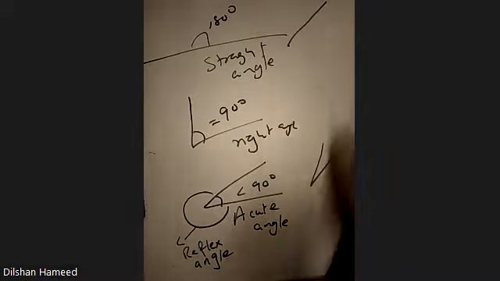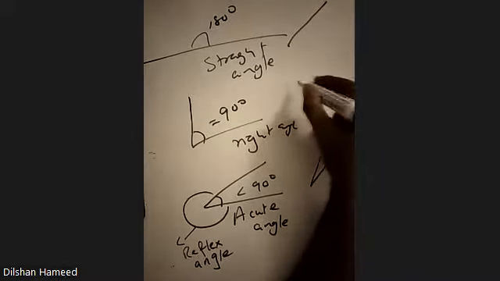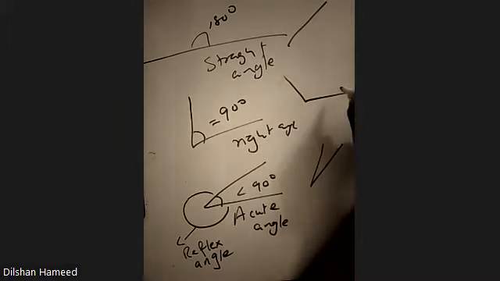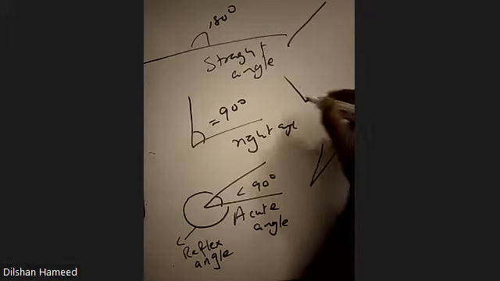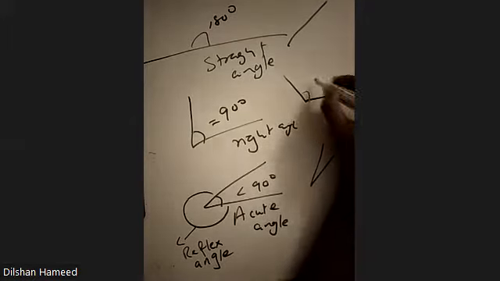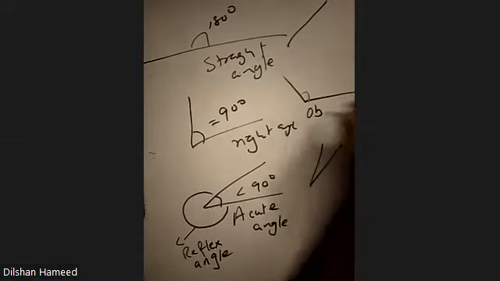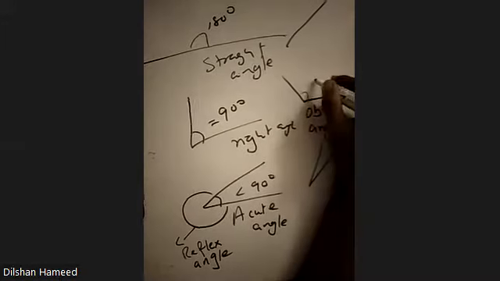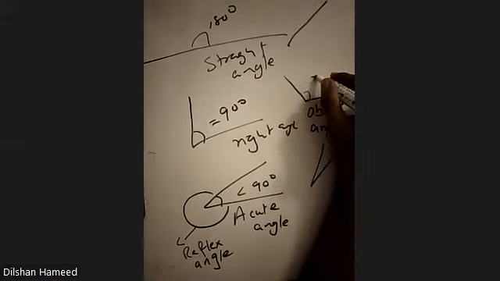Now something beyond the right angle, going beyond the 90 degree, anything a little above 90 degree, not the opposite of acute angle, this one you call an obtuse angle. It's just above 90 degrees.